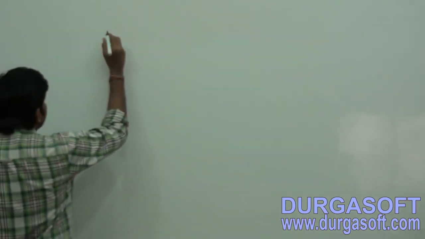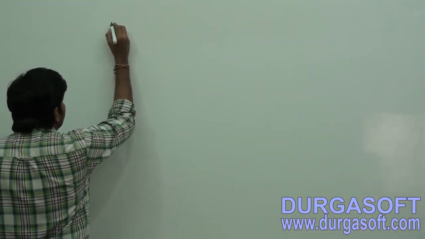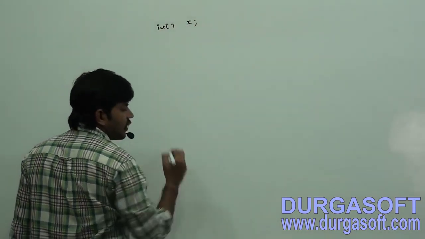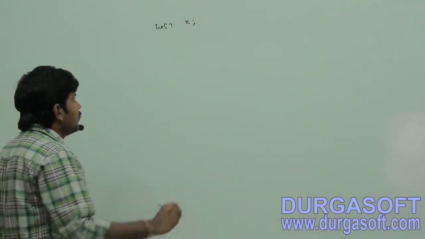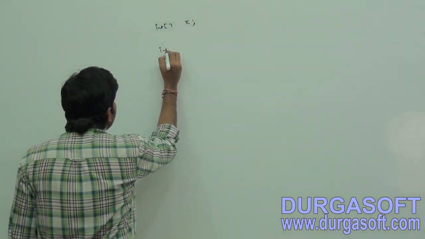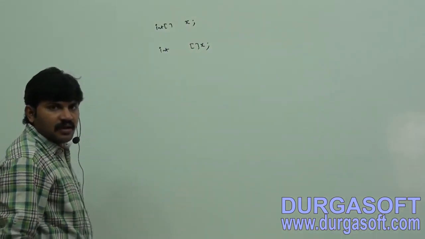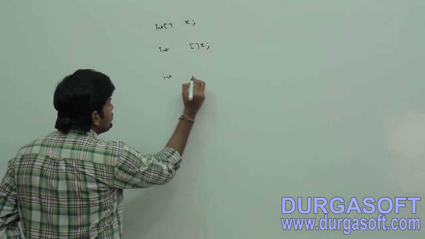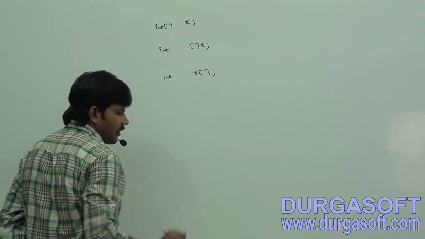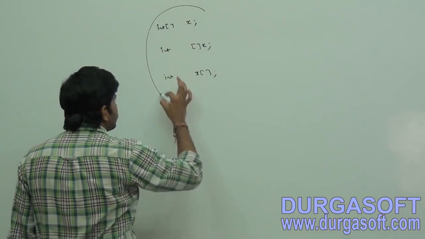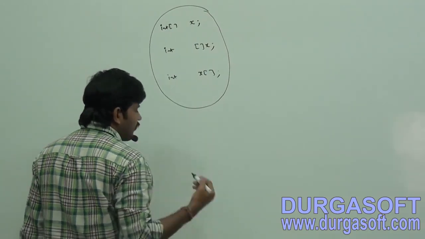Here, how can we declare a one-dimensional array? Sir, int[] x, is it valid or not? Some people may declare like this, int []x, valid or not? Or some people may declare like this, int x[], valid or not? All of these are perfectly valid.